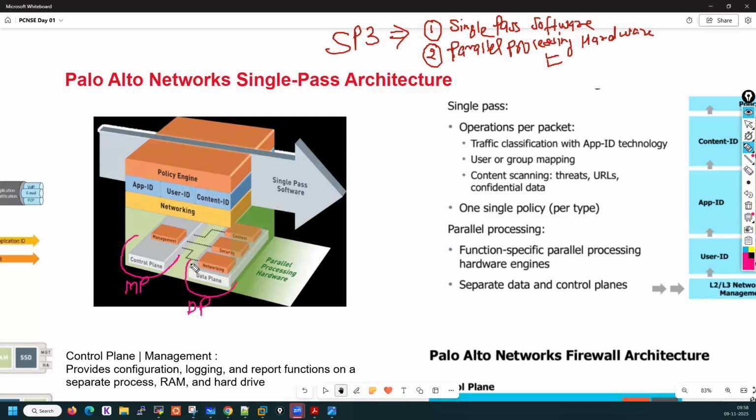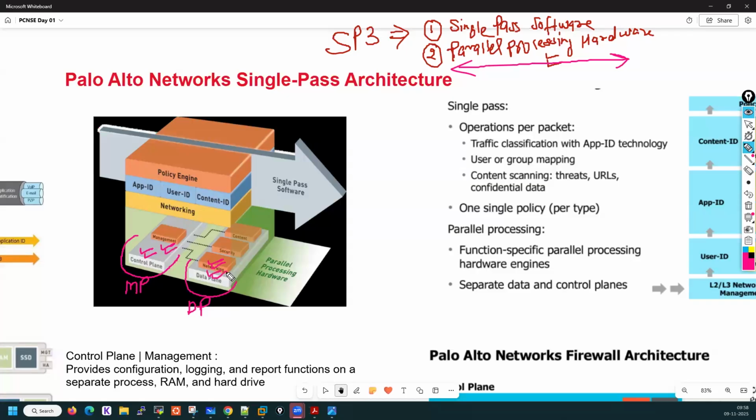So in your Palo Alto Firewall, we have a separate management plane and a separate data plane. Means Palo Alto Firewall hardware is divided into two parts: management plane and the data plane.